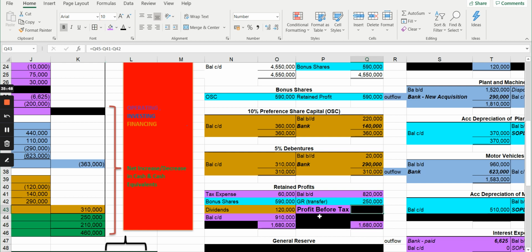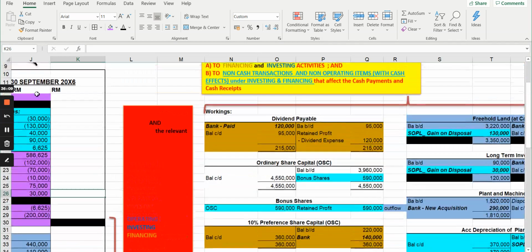And the item here, nothing is here, just reserve, right? So the balancing figure here would be taking 1680 minus all the debit entries here, credit entries. So you'll get the figure 610. This 610 will be now the figure that you have been looking for.